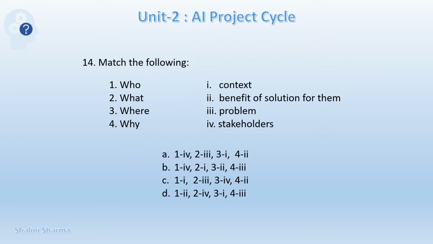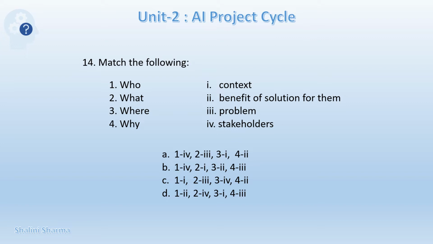Question 14. This is a match the following question. So you have to match the options on the right hand side with the ones on the left hand side. So on the left hand side we have got who, what, where, why. On the right hand side we have got context, benefit of solution for them, problem and stakeholders.